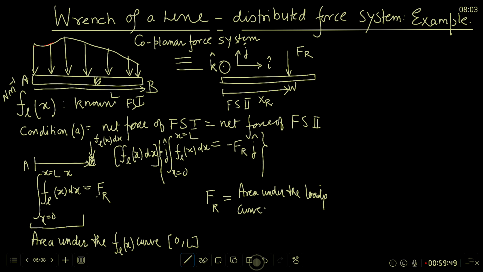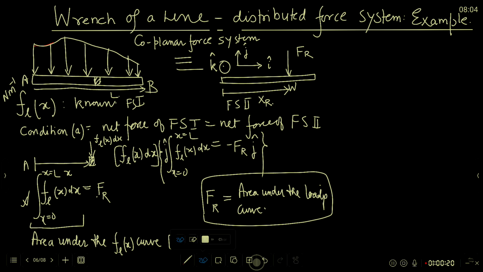I agree, but then there may be some loading curves for which it is very straightforward to find the area under the curve, and in those cases you can avoid doing this integration every time, and instead use your existing knowledge about the area of the given loading curve and quickly conclude that FR will be the area under the loading curve. So this is the first condition of equivalence that I have established. Now let's talk about the second condition of equivalence.